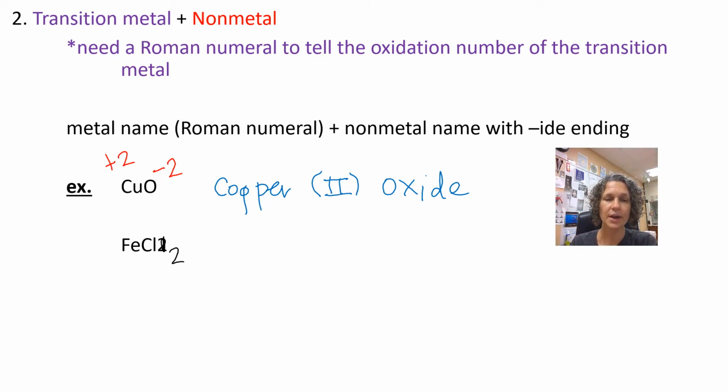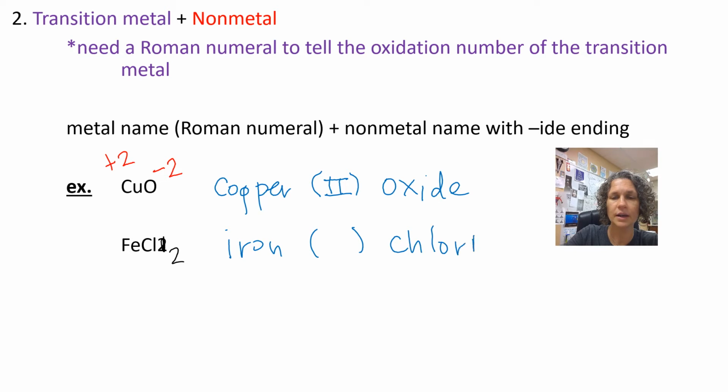Okay, so now the next one, I've got some subscripts in this one, so that makes it a little bit different, but start out the same. Fe is iron. And then I put my little parentheses. And then Cl is chlorine. Of course, that becomes chloride. All right, and so now I have an unknown with the iron. It's transition, so I don't know what its oxidation number is.